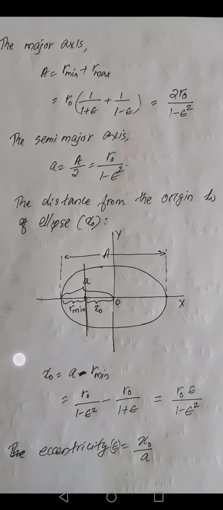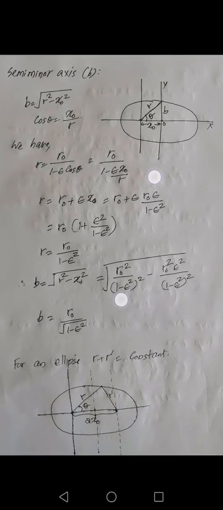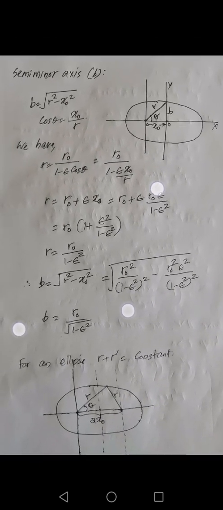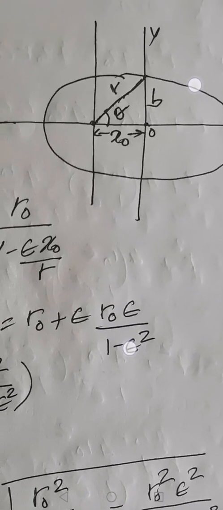We know the values of a and r minimum. Substituting, you get r0 epsilon / (1 minus epsilon squared). Remember, the eccentricity epsilon is x0 by a. Well, so now we have the eccentricity. Then we want to calculate the semi-minor axis, that is along the y-axis. For that I have this construction.